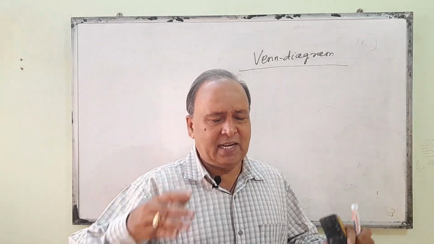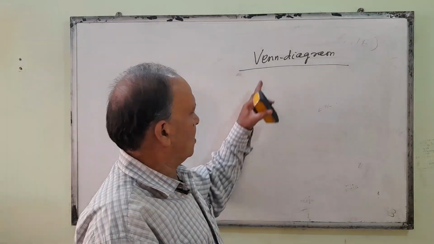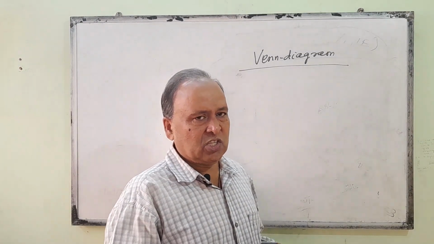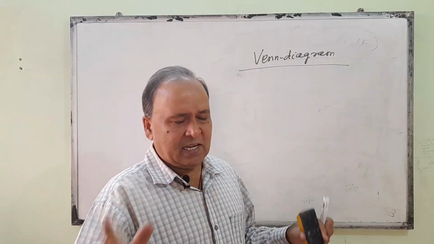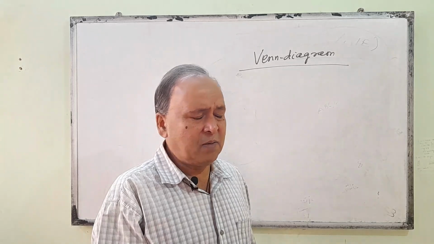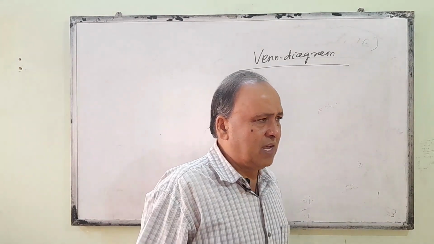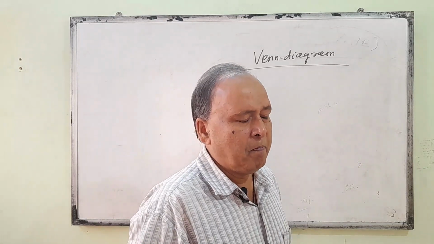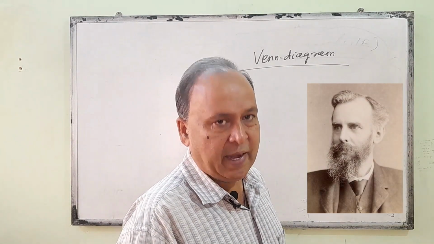We will read set operations in the next topic. The diagrammatic representation of a set, subset, universal set, set operations is known as a Venn diagram. It was invented by the famous British logician John Venn.